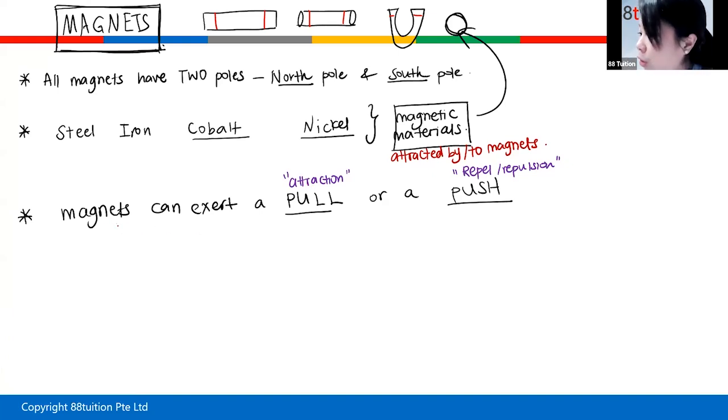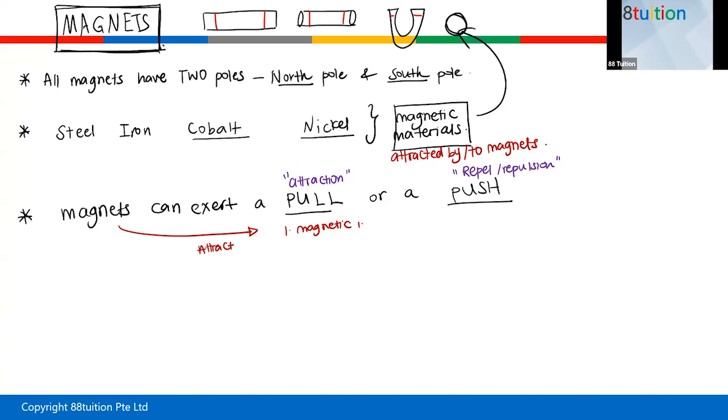Magnets exert a force of attraction when they are placed next to a magnetic material. All right, so when I have a steel bar next to a magnet, it will attract. When I have an iron nail next to a magnet, it will attract.